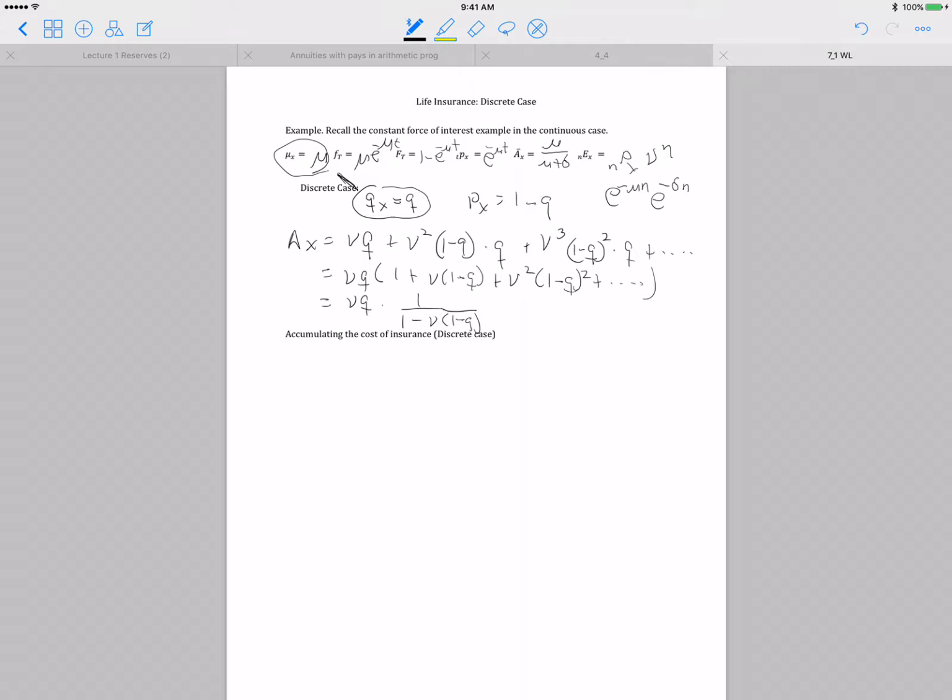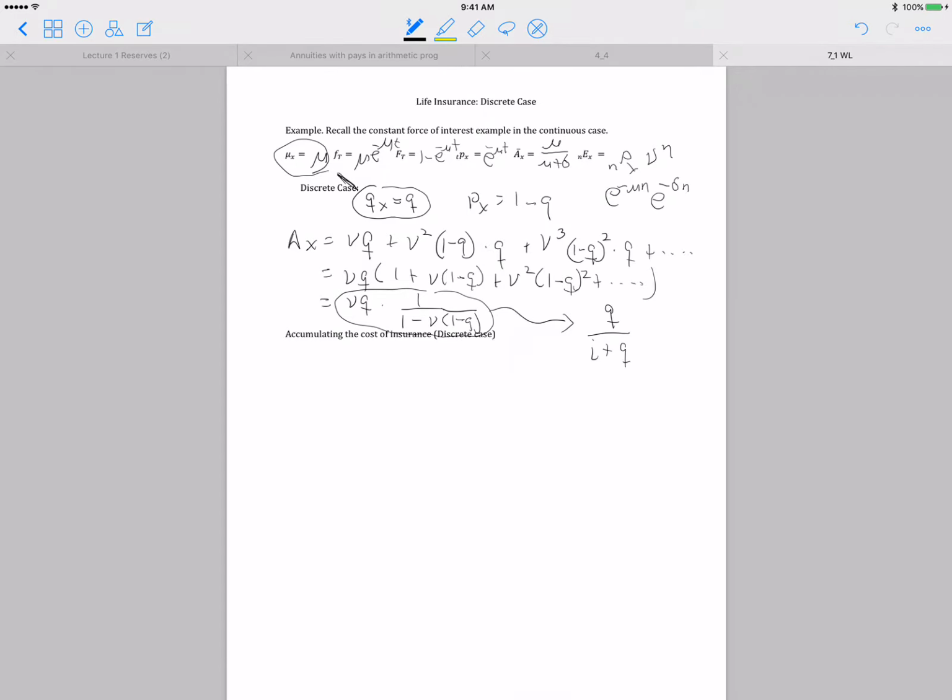Now what I'd like for you to do, see if you can simplify this, and the whole expression here will simplify to q over i plus q. So see if you can simplify that algebraically. It's a good exercise for you.